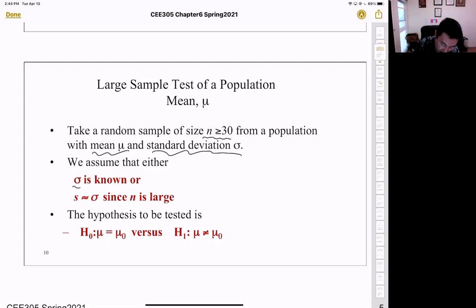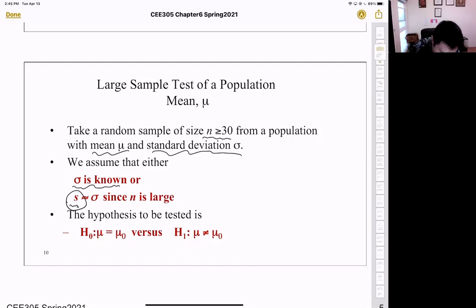Sometimes the sigma is known, which is the population standard deviation. If it's not known, then we can use sample standard deviation S to guess the sigma, because the sample size is large.